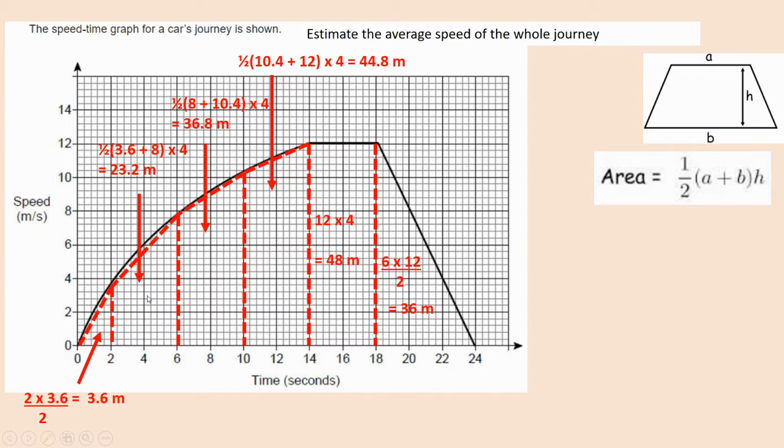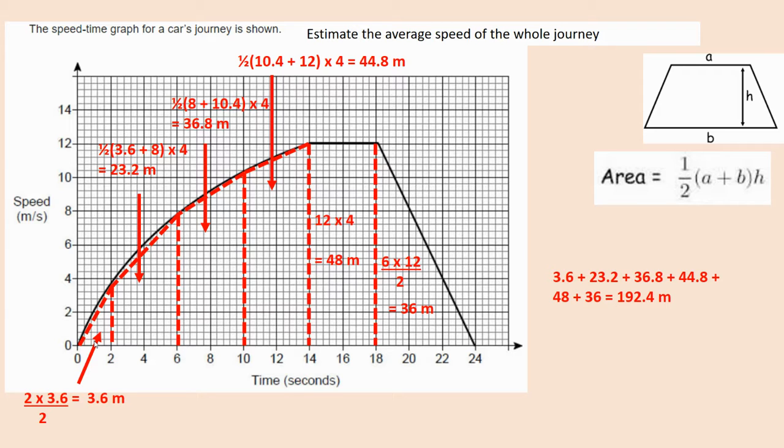The next one down is a half of 3.6 plus 8 for the two parallel sides, again multiplied by 4, giving us 23.2 meters, and the triangle at the end is 2 times 3.6 divided by 2, giving us 3.6 meters. So we then just need to work out what our total distance travelled is. We're going to do that by adding up all of the parts: the 3.6, add the 23.2, added to the 36.8, added to the 44.8, added to 44, added to 36, and we end up with 192.4 meters as our total distance travelled.